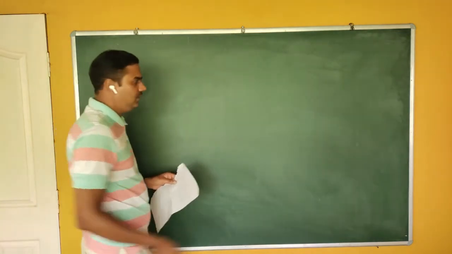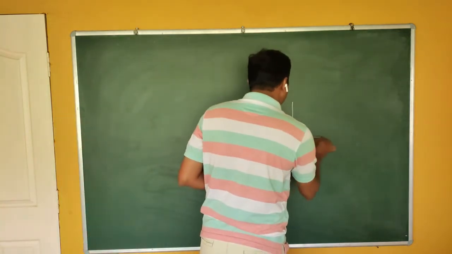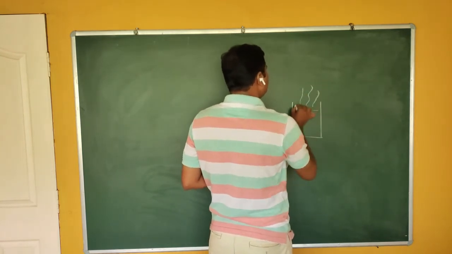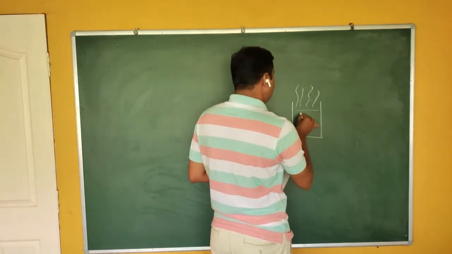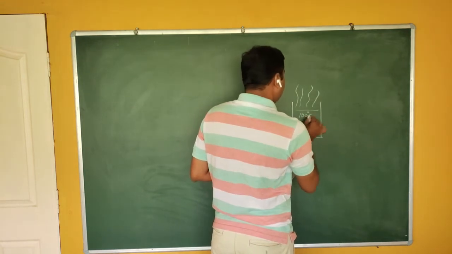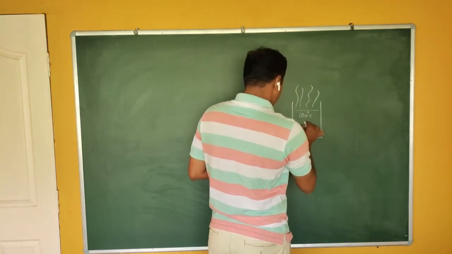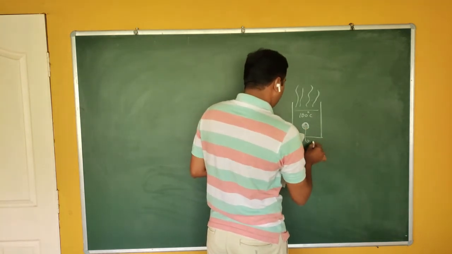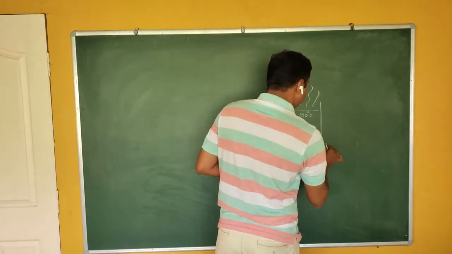So you have two scenarios. On one side, you have some boiling water, where the temperature is 100 degrees centigrade, and you have one aluminum sphere whose mass is 0.047 kg.